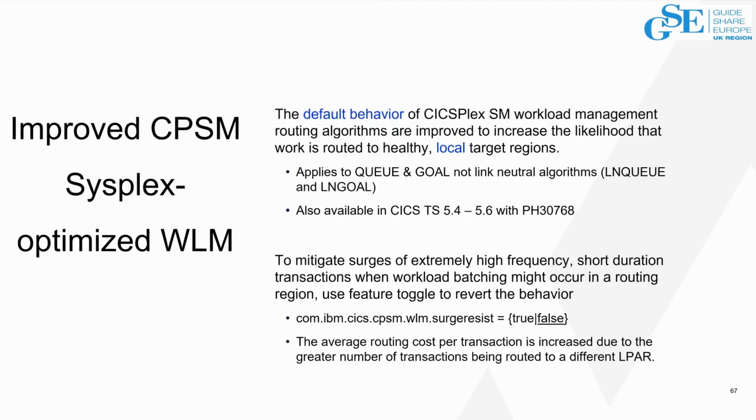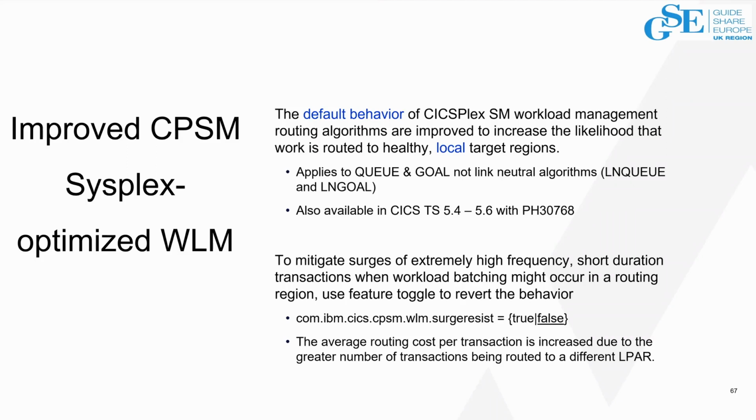And finally, I think this is a feature toggle to allow you to adjust the behavior of CPSM Sysplex optimized WLM, so that if you've got an extremely high frequency, a spike of work, you might want to mitigate that by letting it spread it out, even if it's not a local region, to get over that spike.